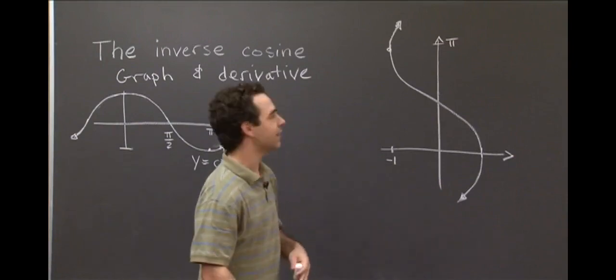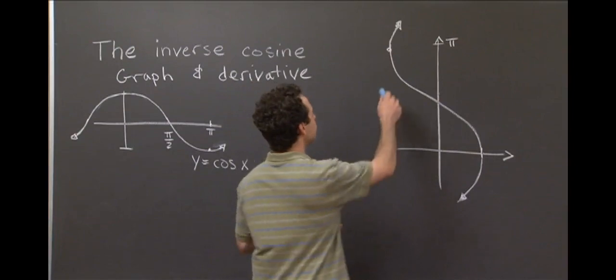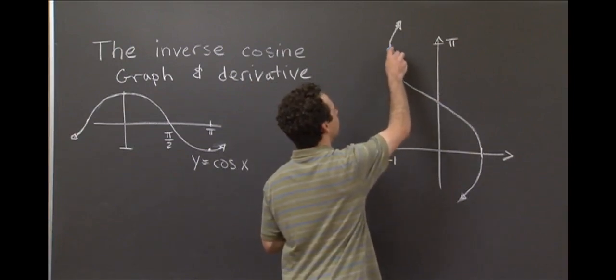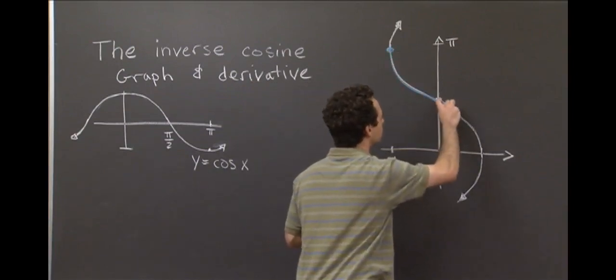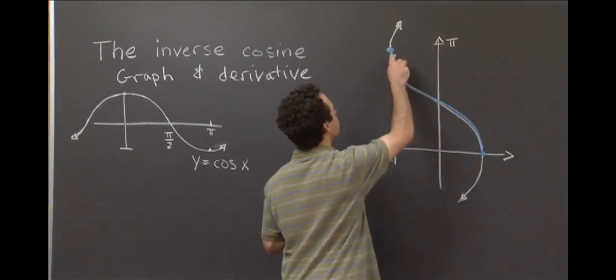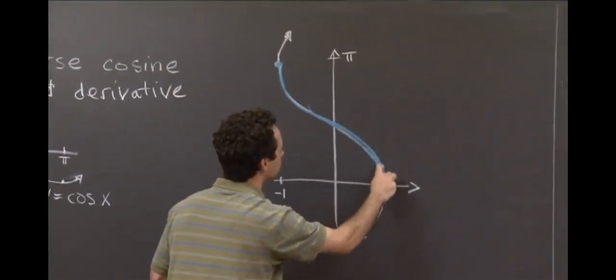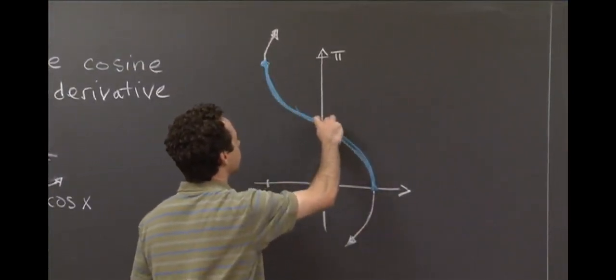In particular here, I think there's an easiest choice, which is we take the curve y equals arccosine x to be just this one piece of the arc here.